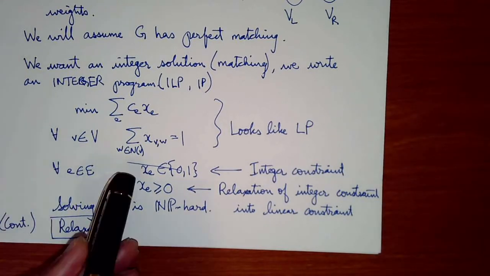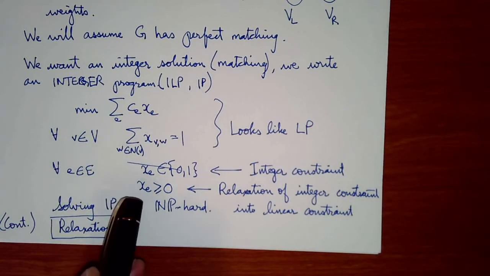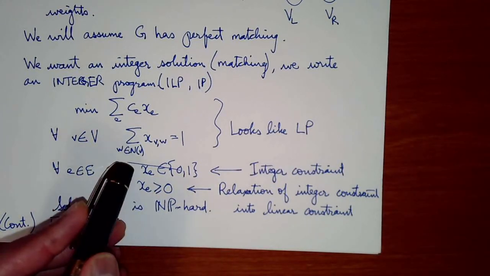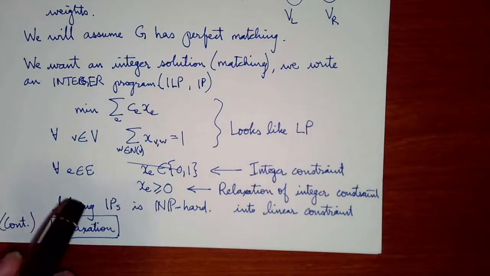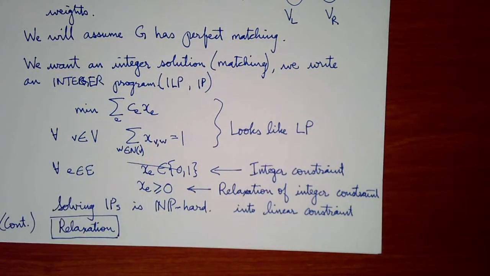So we replace the integer constraint by a linear constraint, or you can think of it as replacing the integer variables by continuous variables, and this program we now know how to solve. Does that make sense? Any questions?